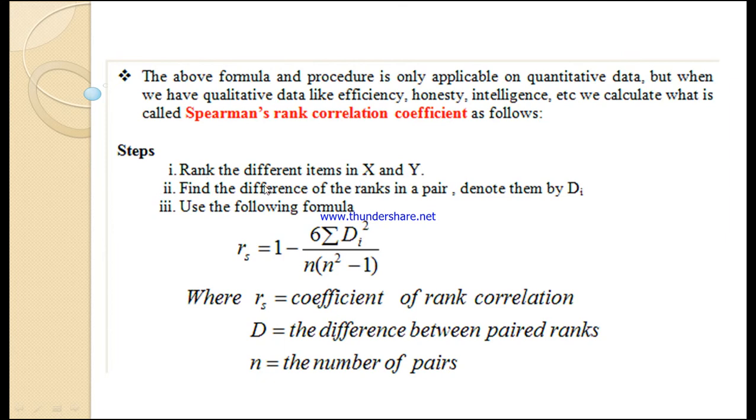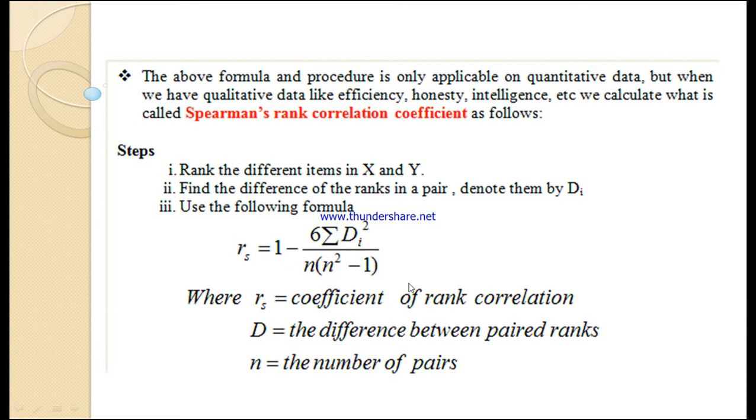Then we find the difference of the ranks in a pair, which is denoted by D. Then finally we use this formula: r sub s, which is the coefficient of rank correlation, or Spearman's rank correlation coefficient, is equal to 1 minus 6 times the sum of D squared all over n times n squared minus 1.